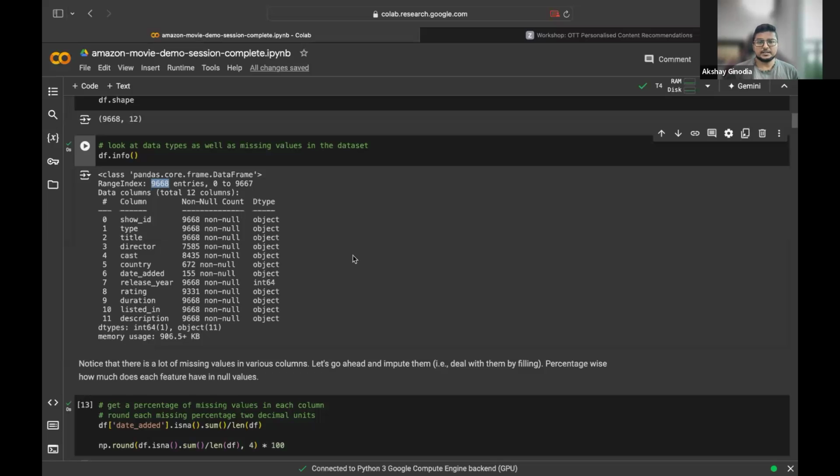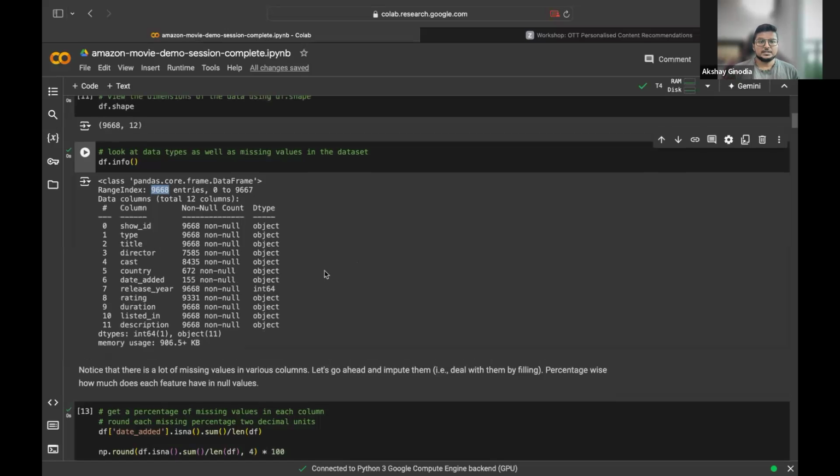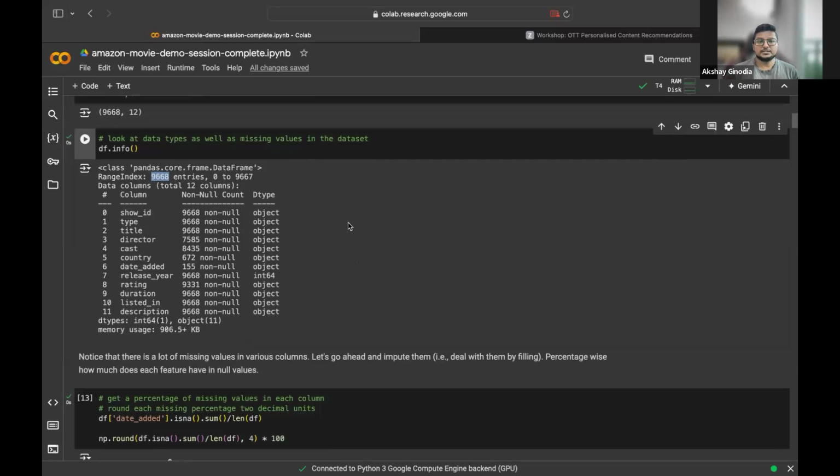Object can be anything, and most of the time it is text data, so anything which is not a number. Sometimes it will also be a number, but if it is kept in single or double quotes, that often happens when you're loading a data set and translating it from someone. Numbers would be hidden as objects or strings, which is text data, and we just have to convert that and get it into the right shape.